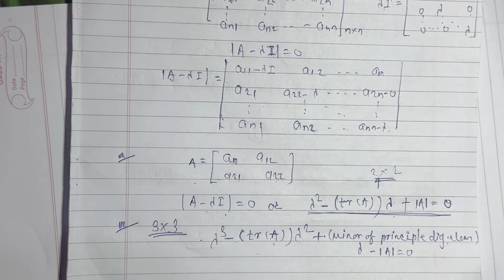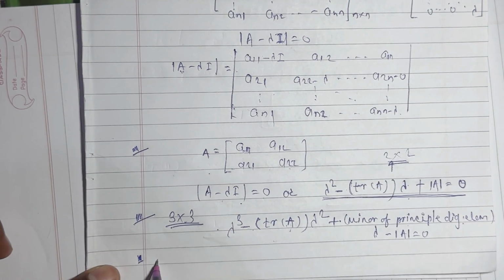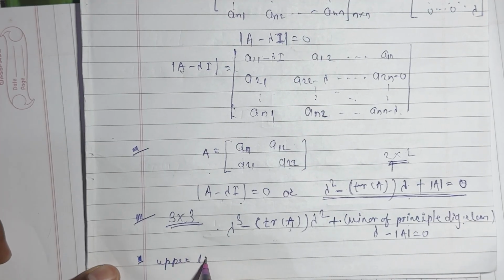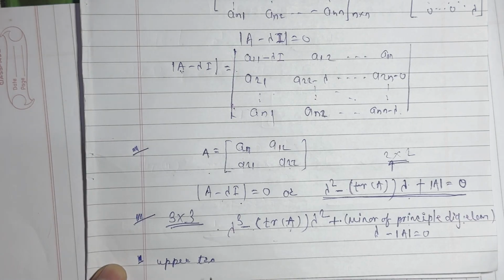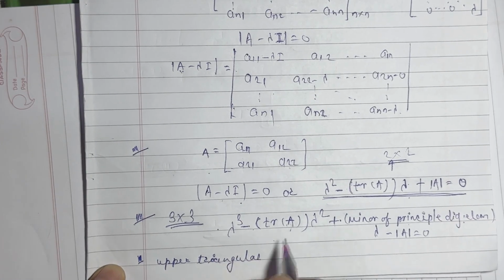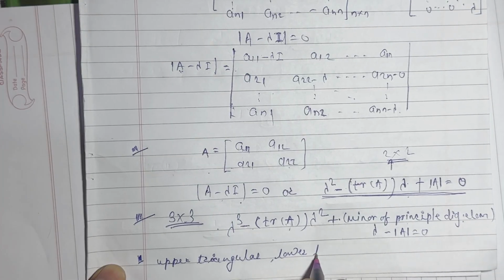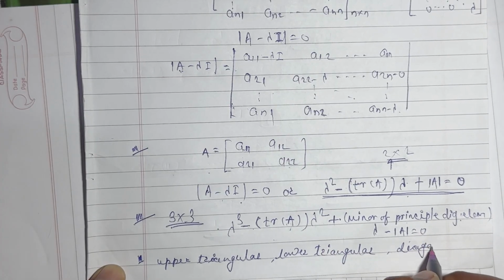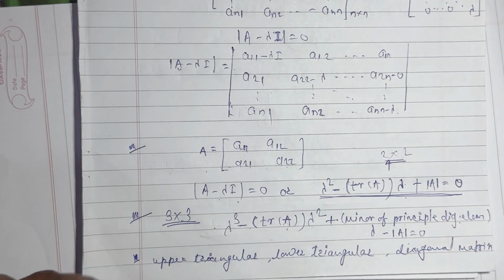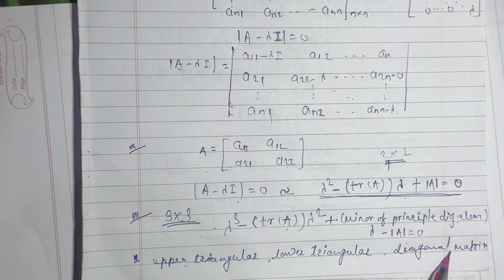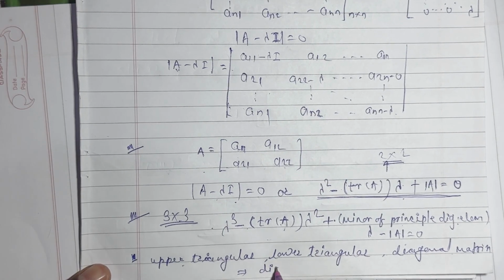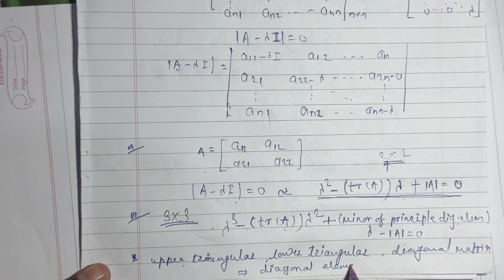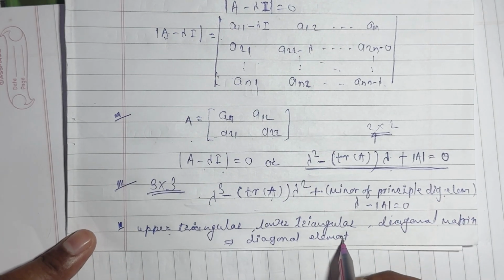For example, if we have a triangular matrix, like upper triangular, lower triangular, or diagonal matrix, that means upper triangular matrix, lower triangular matrix, and diagonal matrix all have the diagonal elements as eigenvalues.